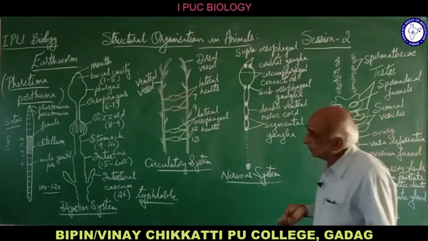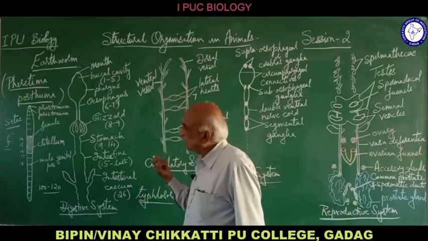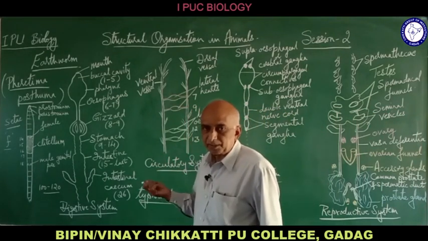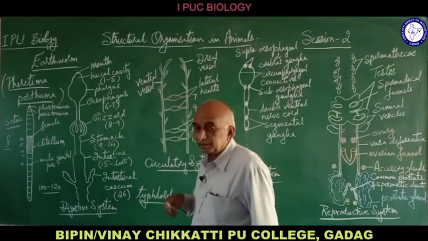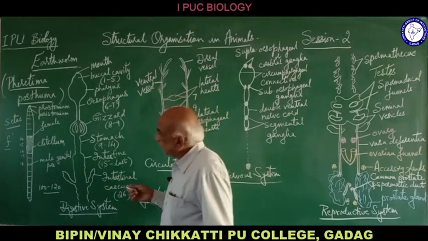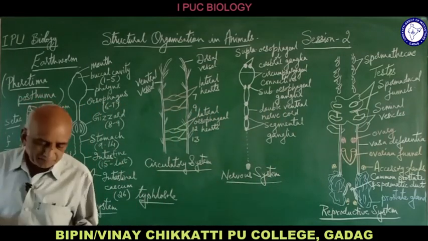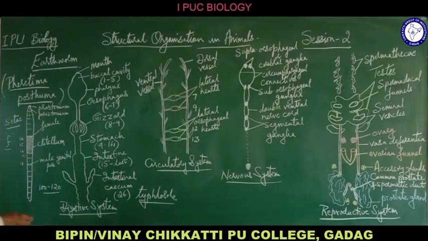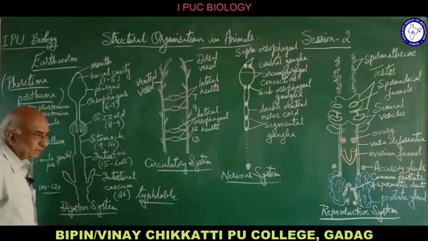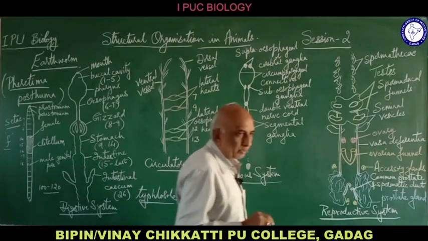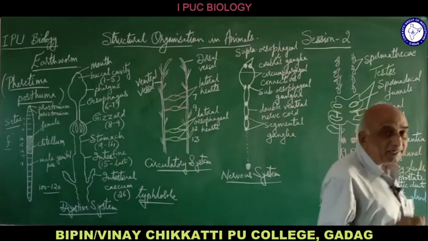But here in the earthworm, as there are no bones, it being an invertebrate, the blood is produced by blood glands which are present in the 4th, 5th and 6th segments. In the 4th, 5th and 6th segments there are small glands which are called the blood glands.